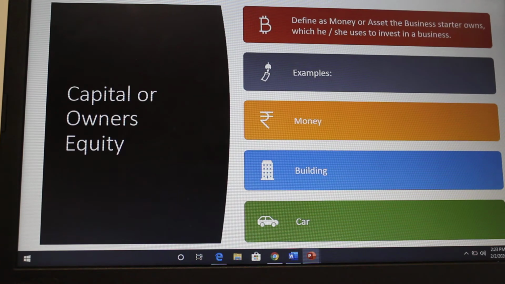Now, in terms of capital or owner's equity, it is critical for us to define this. It's defined as the assets, or finance or money, that the owner invests in the business. Okay, so he or she could invest money in the business. He or she could invest a building in the business.